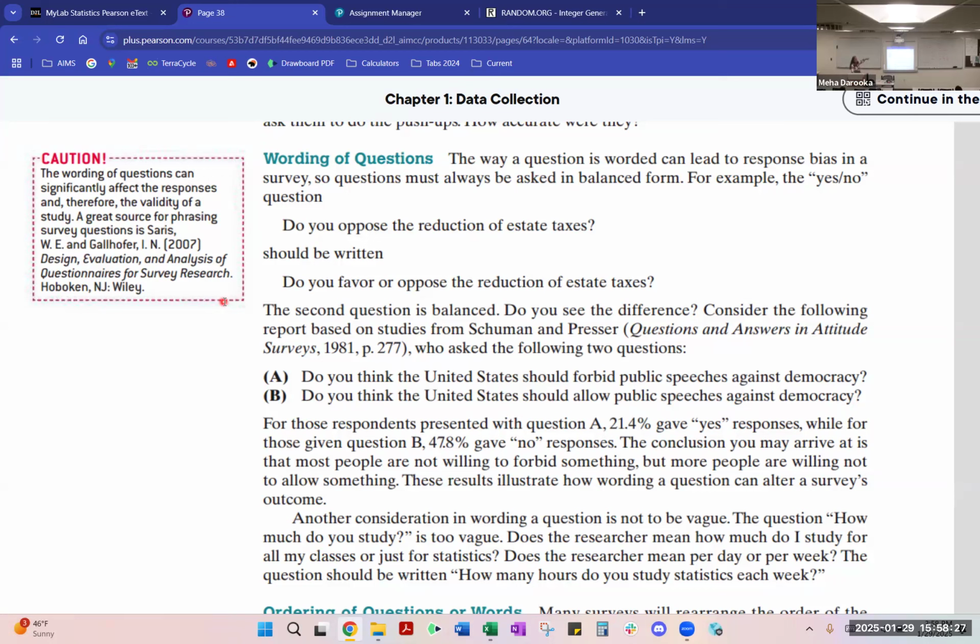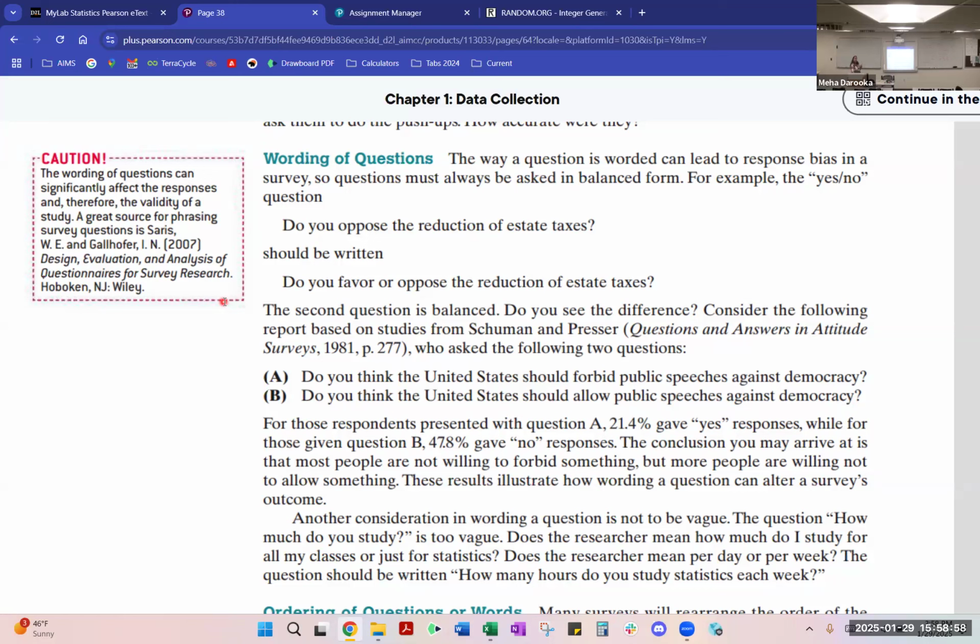So where do you see the bias in that first question, where it says, do you oppose the reduction of estate taxes? If you say yes, it kind of looks like you look bad, depending on where you stand, because the other one asks whether you are in favor or opposed to the reduction, but the first one just asks, are you opposed?